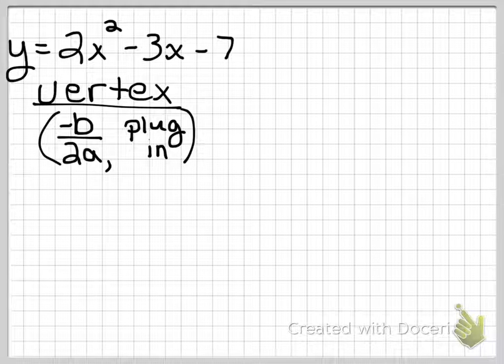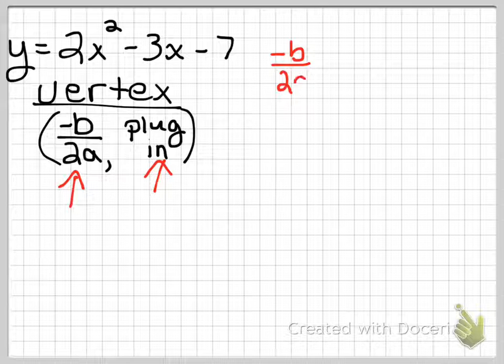And now for my vertex, I've got to first find the x of my vertex by doing the opposite of b over 2a. Then I take that x value and plug it back into my function. So I'm going to do my work over here on the right side. Start off by finding the x, opposite of b over 2a. So opposite of b is positive 3 over 2 times 2.